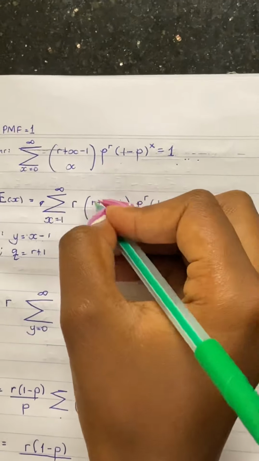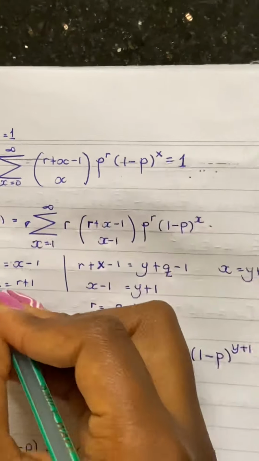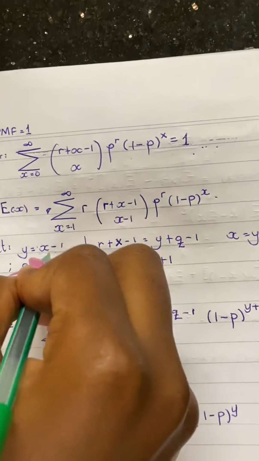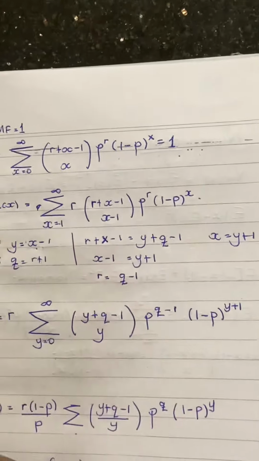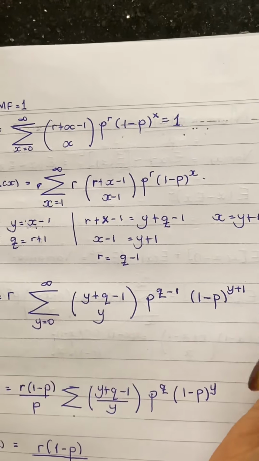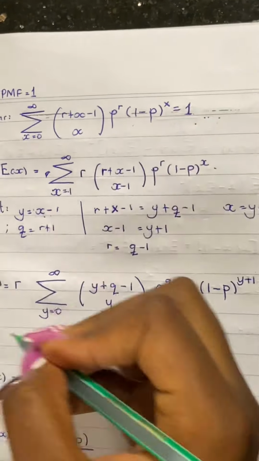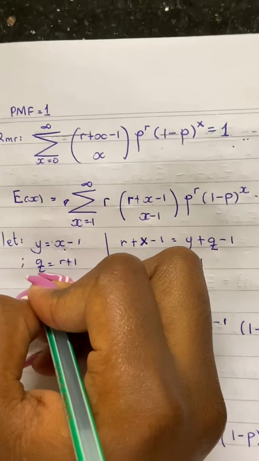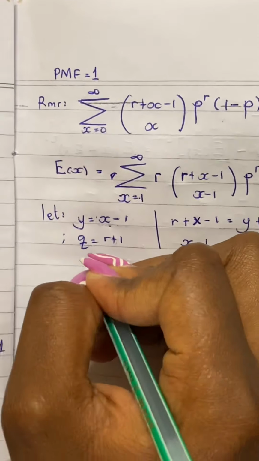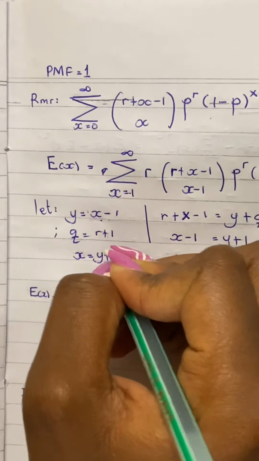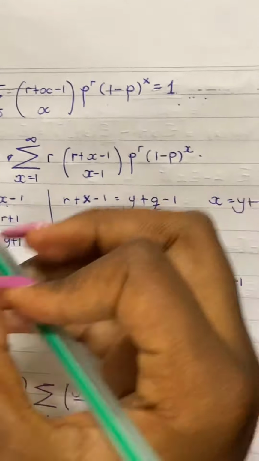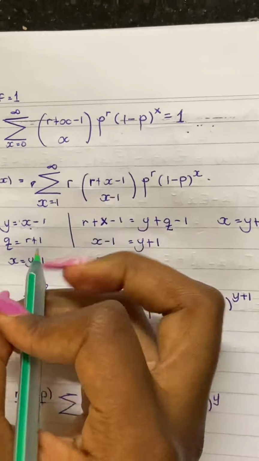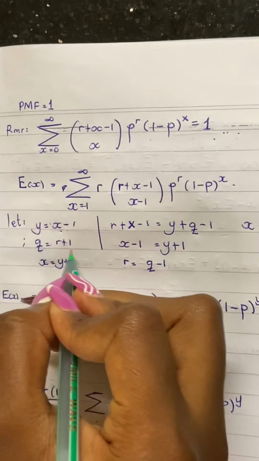So we're going to replace our old variables in terms of our new variables. We're going to make x the subject in this equation so that it is easy for us to substitute into this, so that we can get our new variables. When we make x the subject, we get x equals y plus 1. When we make r the subject, we get r equals q minus 1.